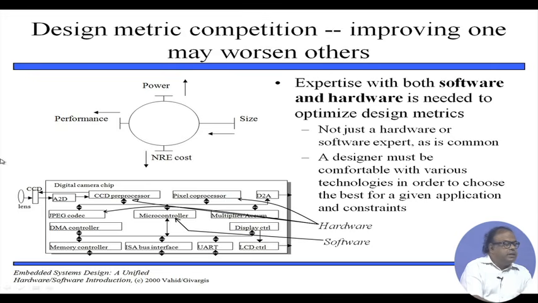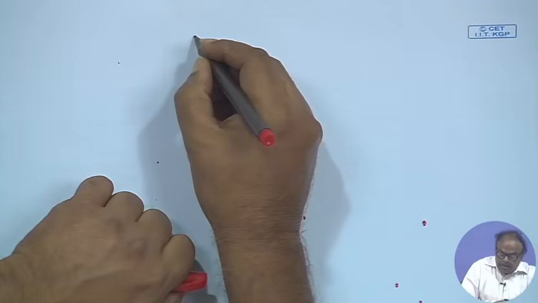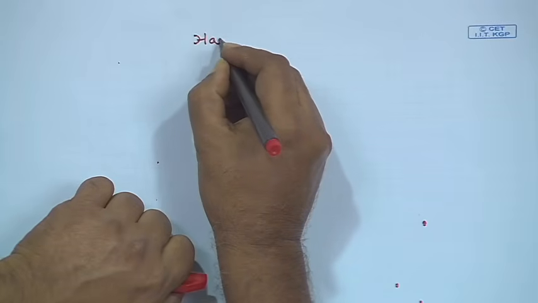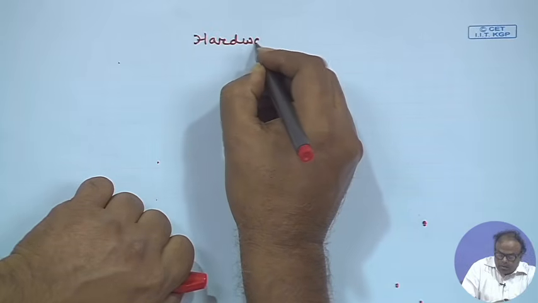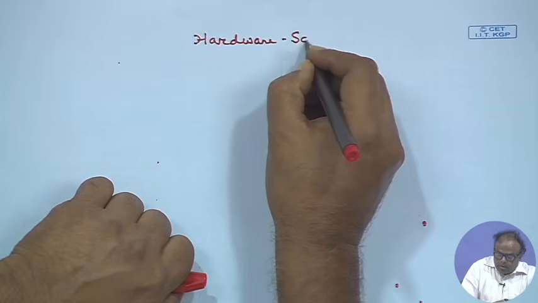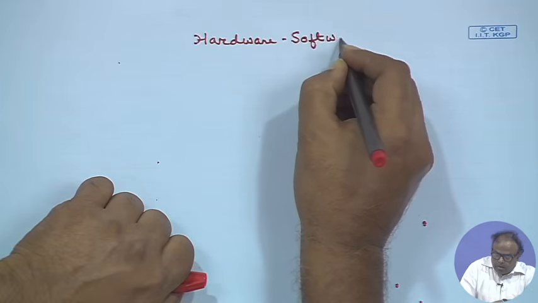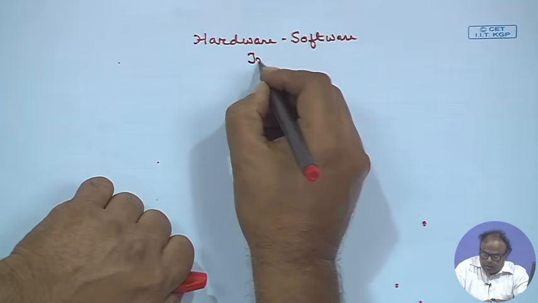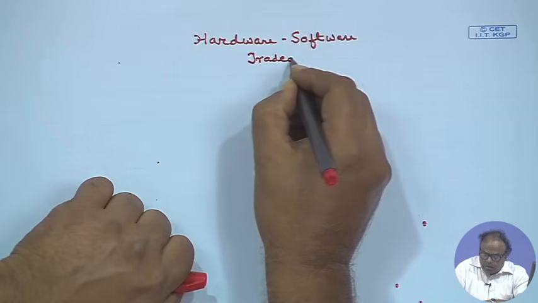Now, let us look at this diagram. What I am talking of now, which is a very vital factor in embedded system design, is hardware, software trade-off.